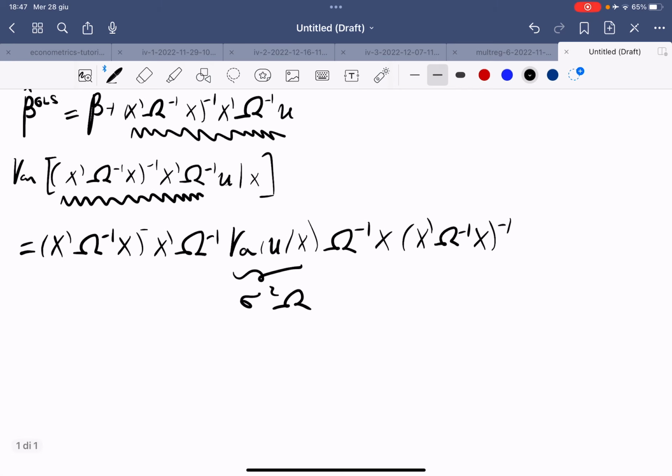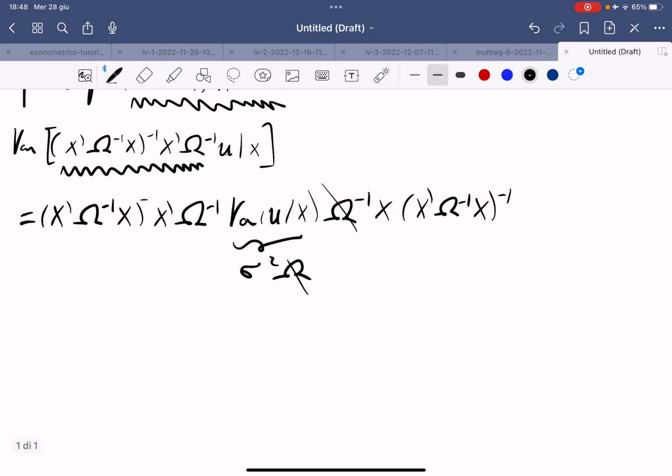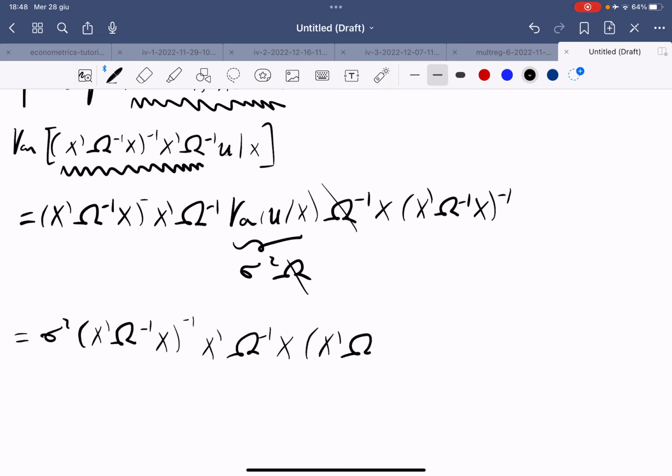Then for this reason, this and this will simply cancel out. So we have sigma squared times x transposed omega inverse x inverse times x transposed omega inverse x times x transposed omega inverse x all inverse.